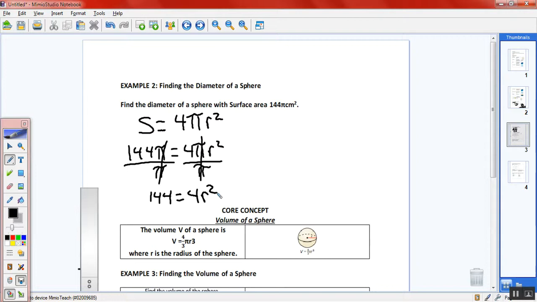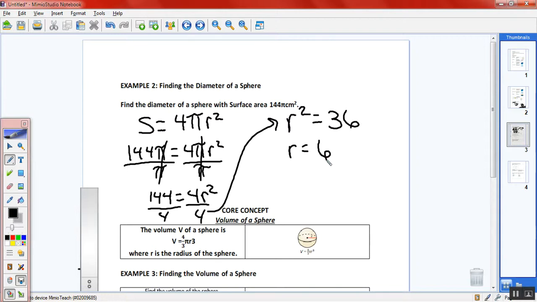Now what? So from here we divide by 4. And what we end up with is r squared equals what? So that's nice, 36 being a perfect square. What does that make the radius? What are we asked to find, though?